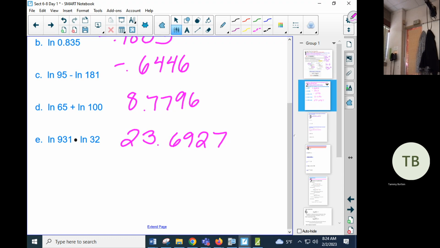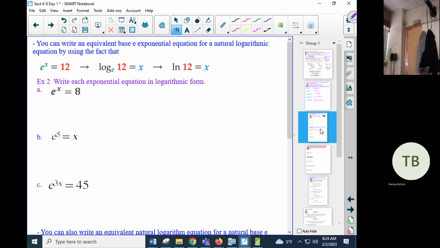All right, so our next two things that we're going to do here is we're gonna convert, kind of using that log loop, we're gonna convert from exponential notation to logarithmic form. So it kind of shows the progression here, what to do.